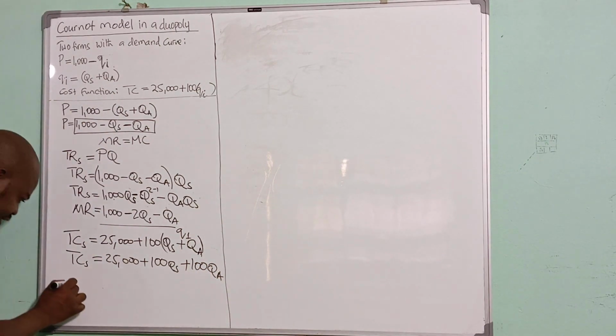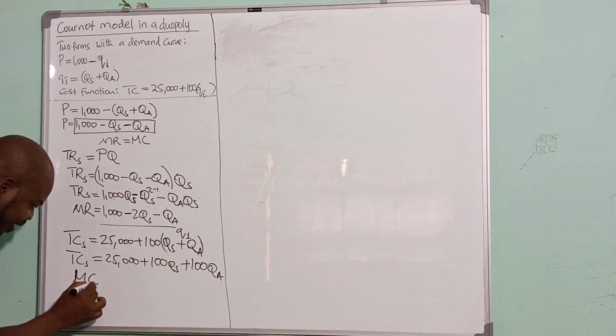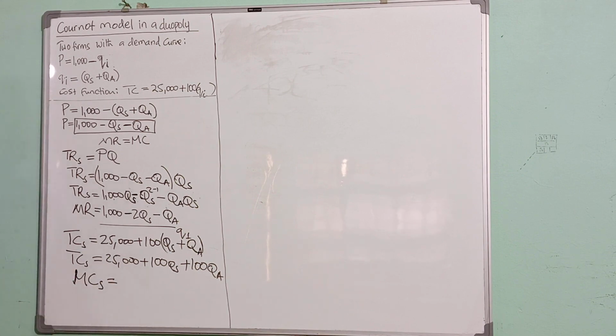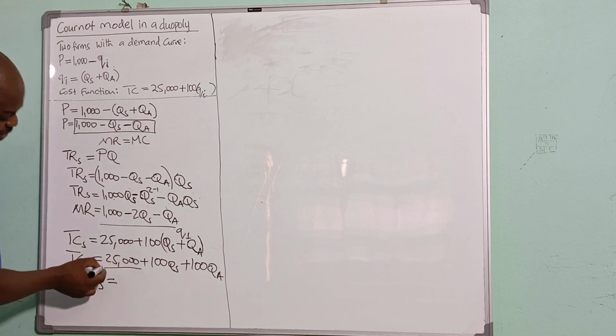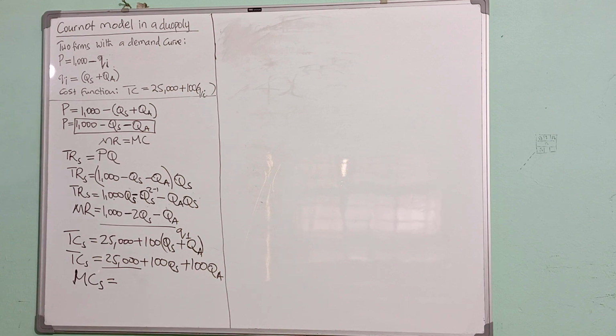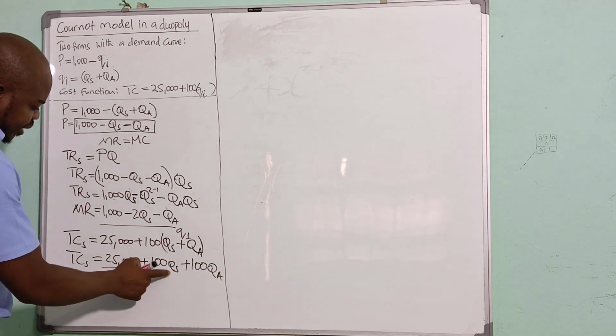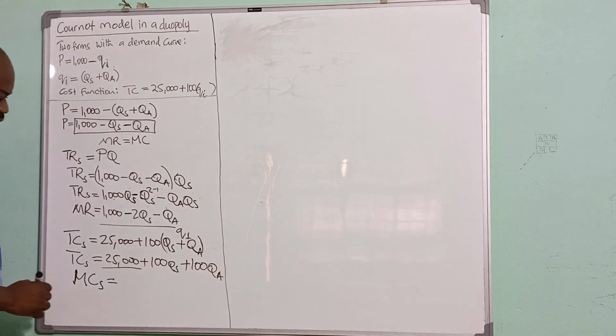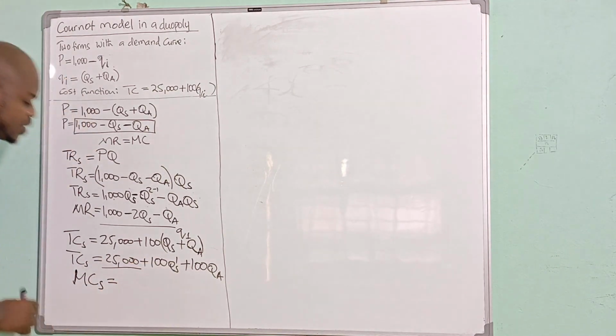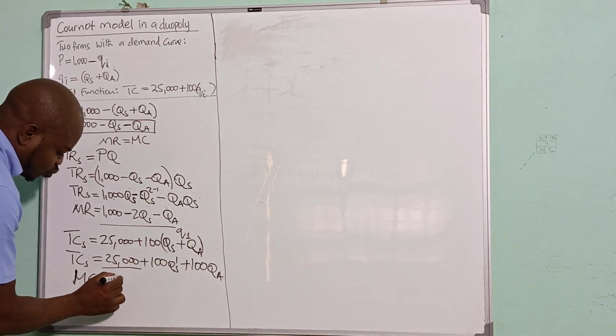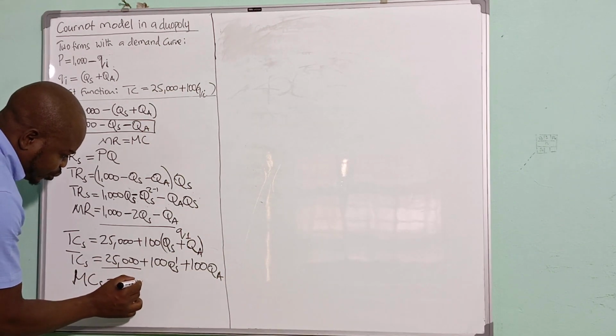I can find the marginal cost with regard to firm S. So when we are derivating, I'm derivating where there is just QS. I can't see any QS here, so I'll leave it in my derivative equation. Okay, there is a QS here, so this is raised to the power 1. 1 multiplied by that will be 100 QS, of course.